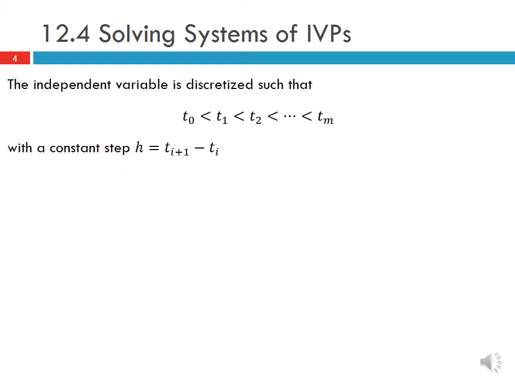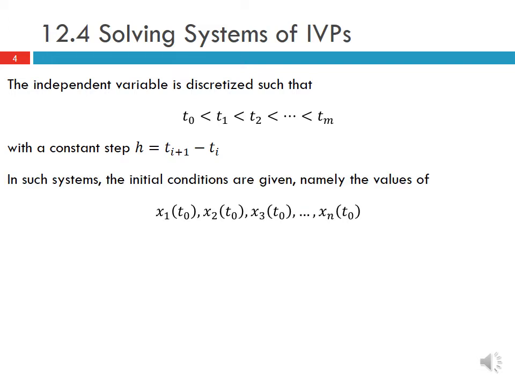The independent variable is discretized such that t0 is less than t1, which is less than t2, etc., up to tm, with a constant step of h equal to t(i+1) minus ti. In such systems, the initial conditions are given, which are the values of our dependent variables x1, x2, x3 up to xn at some given time t0.